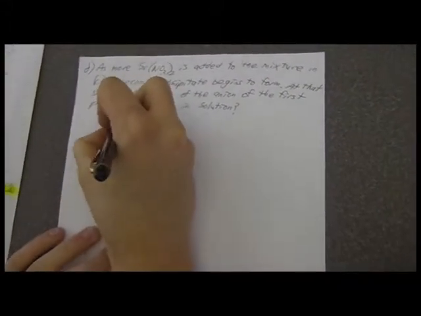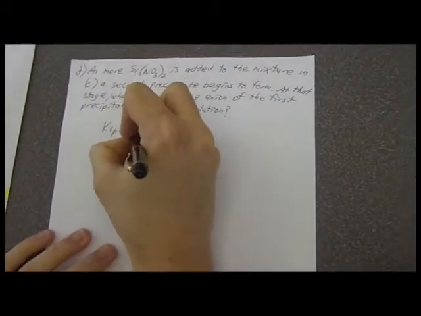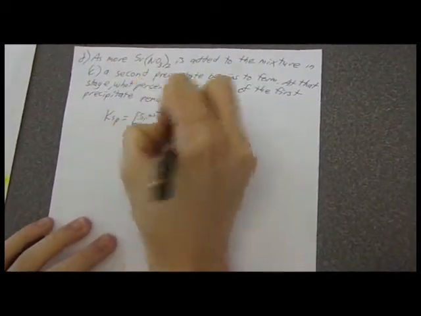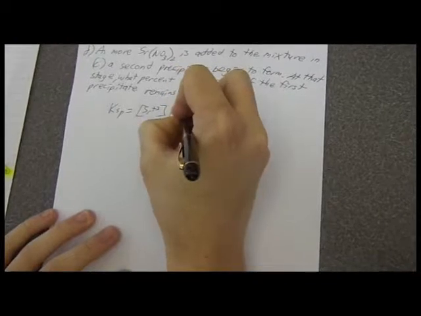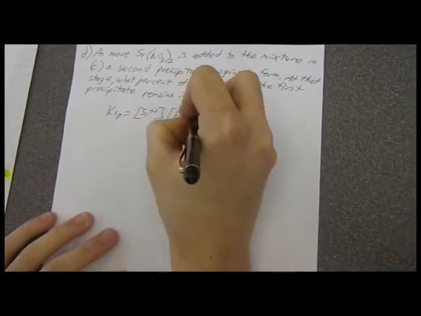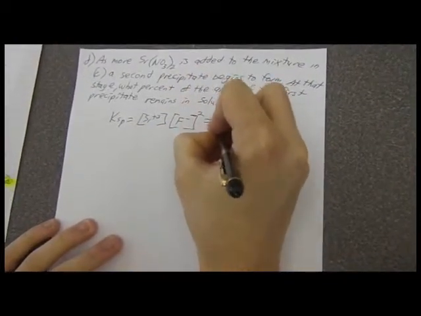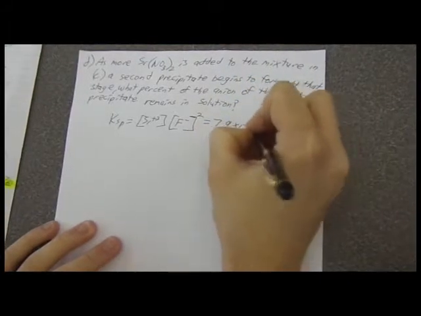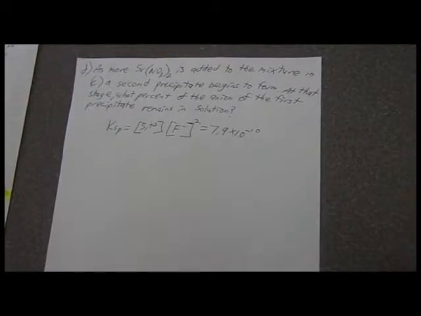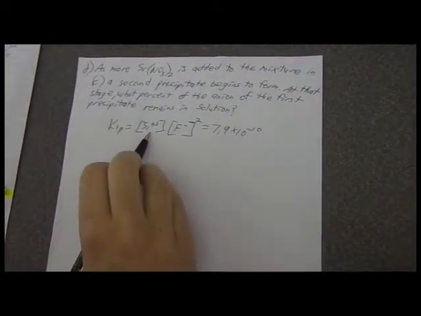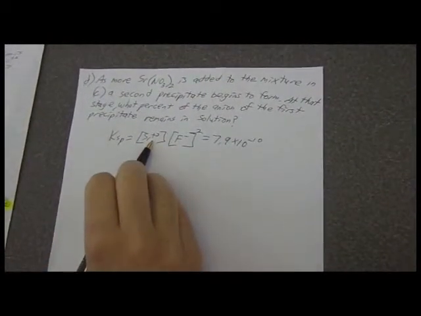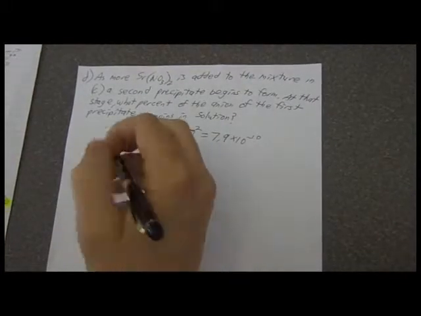So once again, we will write a Ksp expression. So Ksp equals the concentration of Sr+2 times the concentration of F- squared equals 7.9 times 10 to the negative 10. Now, since we know that SrSO4 forms when the concentration of Sr+2 is 7.6 times 10 to the negative 6, we can plug that into the expression.